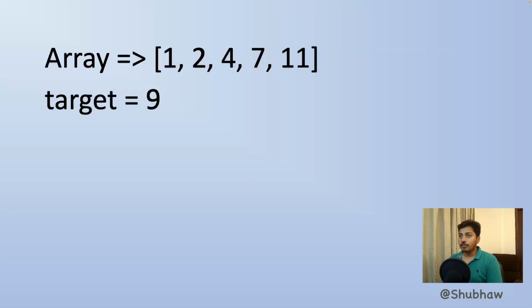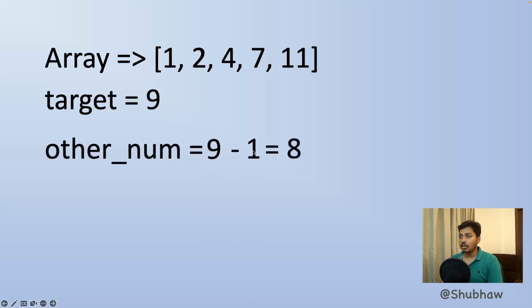Since we need to find two numbers to form the target, whenever we reach one number, we need to find its complement, which will add up to 9. So whenever I am picking 1, I need to find the other number, so that 1 plus 8 will make 9, right?